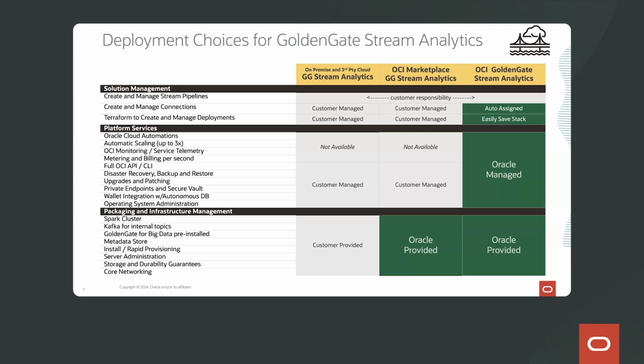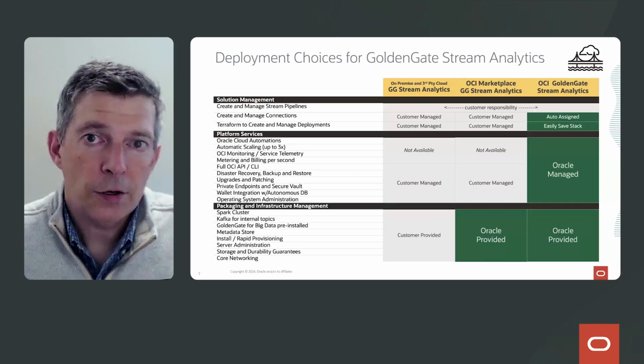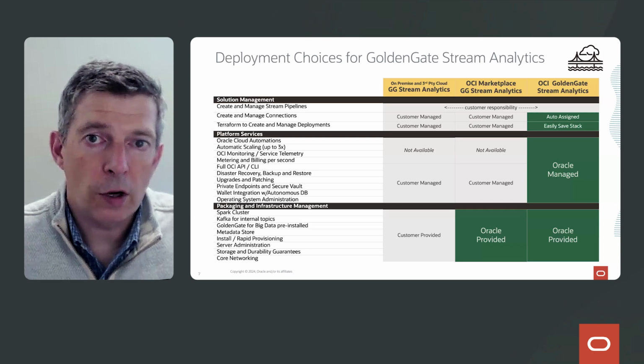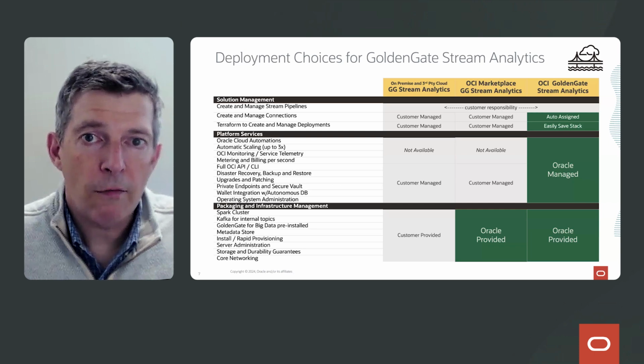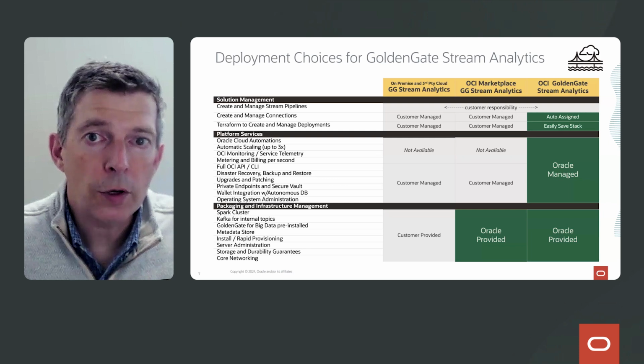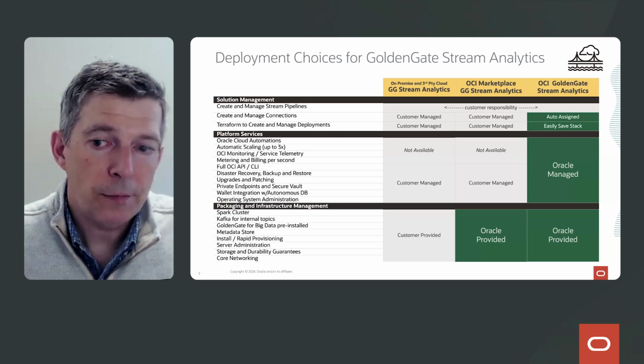And our highest automation is through our OCI GoldenGate Stream Analytics native service, where similar to autonomous database, everything is packaged and it's auto-scaling, and you just have to go through a console and create a deployment, and you immediately have a multi-node cluster that is scalable to any kind of production environment.